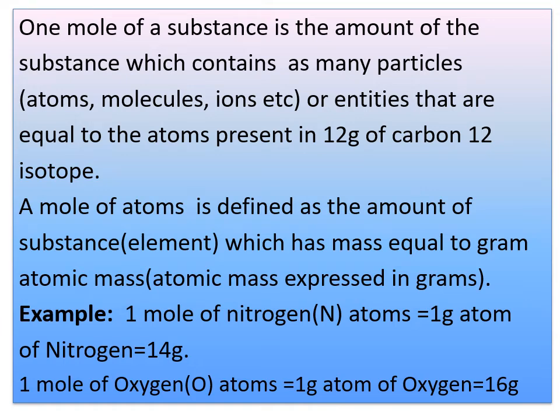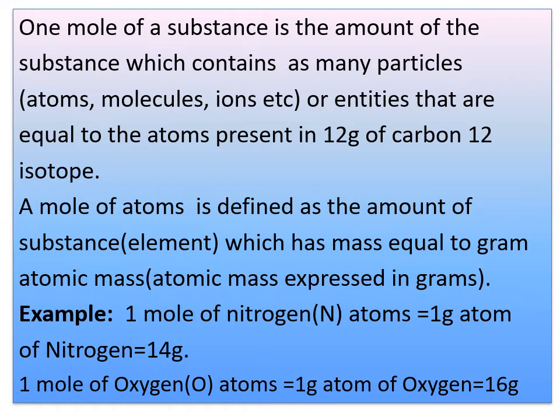When you go to a mole of atoms, a mole of atoms is defined as the amount of a substance, here maybe any element, which has a mass equal to the gram atomic mass. Already I have told you what gram atomic mass is: atomic mass expressed in grams.